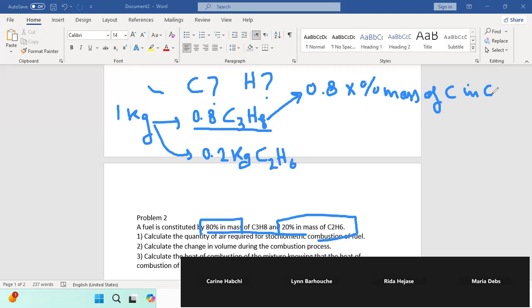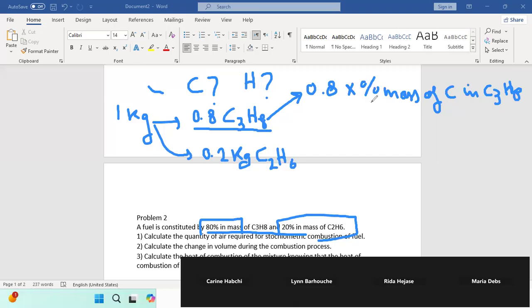Because the percentage in mass represents the mass of carbon in 1 kilogram of C3H8, and since we have 0.8 kilogram of C3H8, we just have to multiply by 0.8.